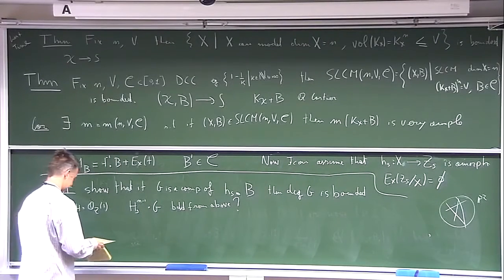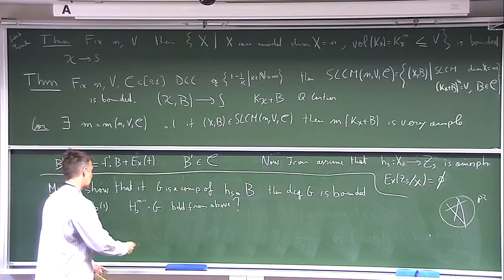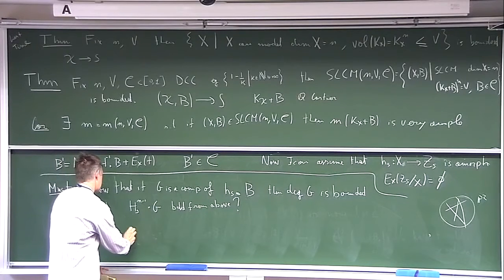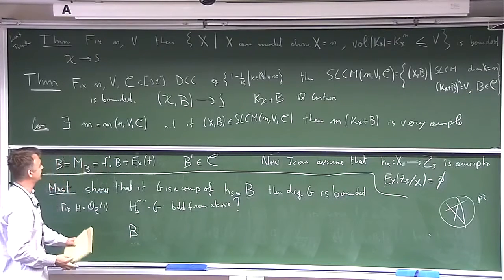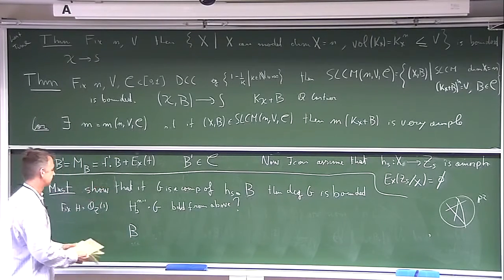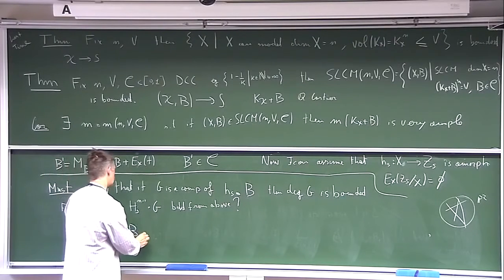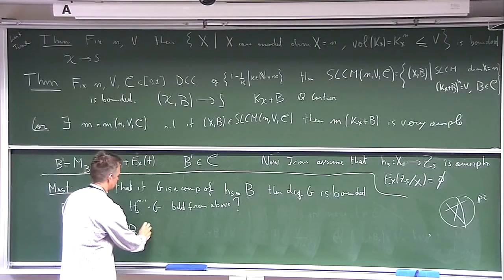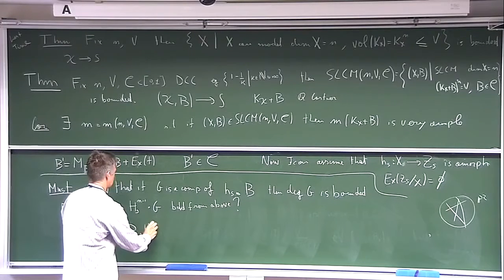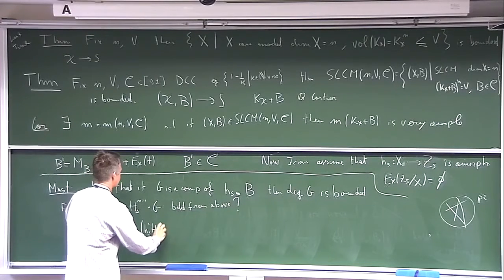Well, let me start by looking at this divisor B on X, and I want to try and understand the intersection number of B with the pullback of H_S to the power of n minus 1.